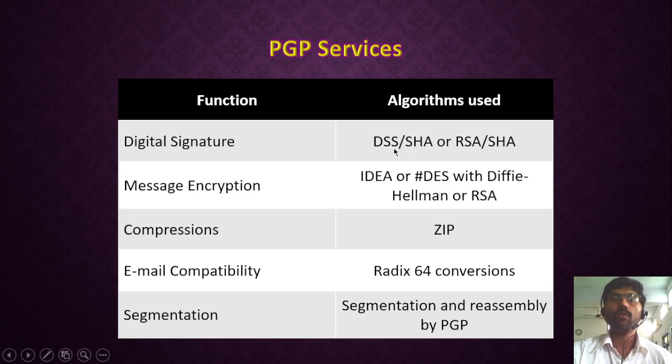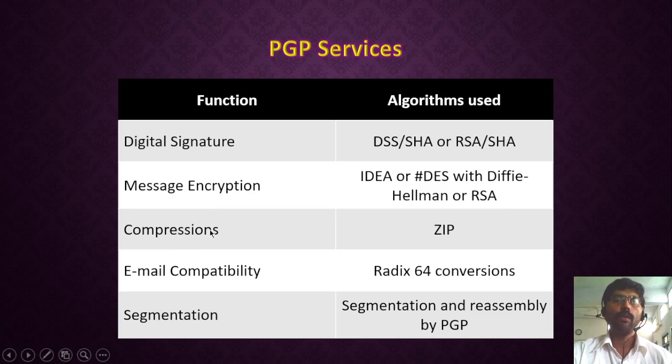DSS is used for the public key and SHA is used for creating the message digest. Message encryption can be done by various algorithms like IDEA, 3DES, Diffie-Hellman or RSA. These are various algorithms I can use for message encryption.